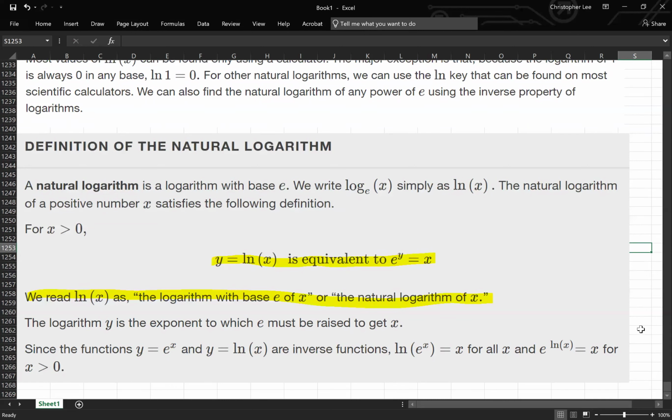The logarithm y is the exponent to which e must be raised to get x. Since the functions y equals e to the x and y equals ln x are inverse functions, the ln of e to the x is equal to x. I shouldn't have told y'all that because that's going to appear on the test, but my mistake. So that holds for all x, and e to the ln x is equal to x for x greater than 0.